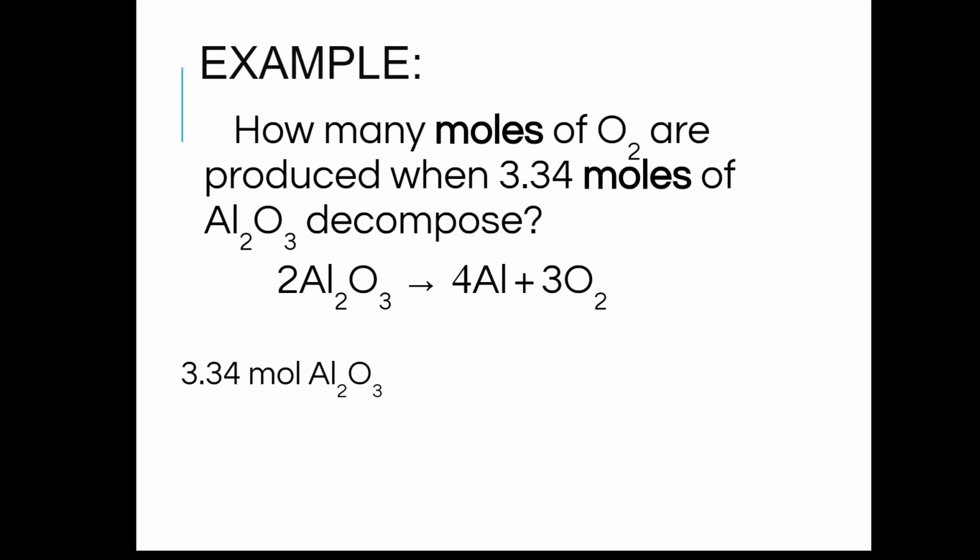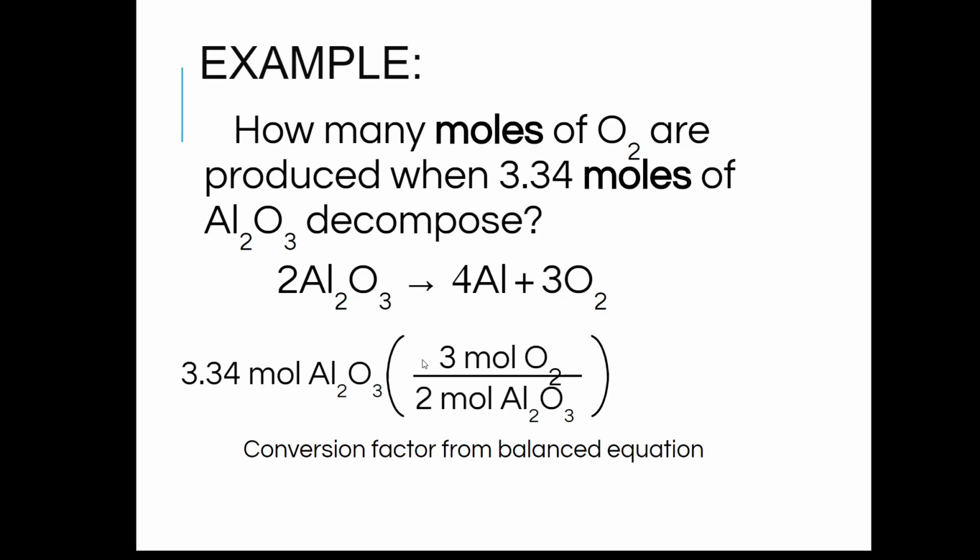Now we're going to have to ask the question, what thing do we want to get rid of? Okay, and the thing that we want to get rid of, we're going to use the mole ratio where that one's at the bottom. In this case, we were given aluminum oxide, Al2O3, so we're going to want to make sure that that one ends up on the bottom.